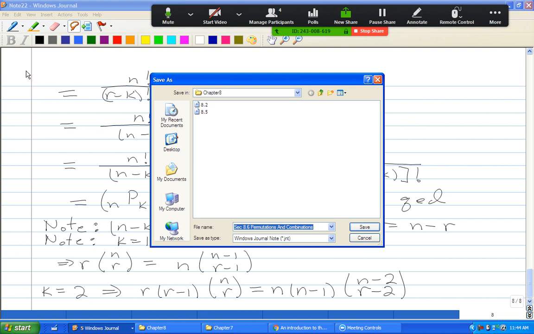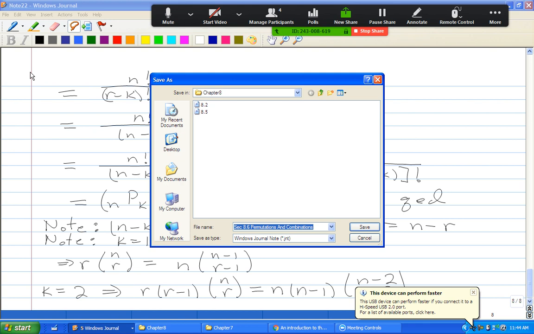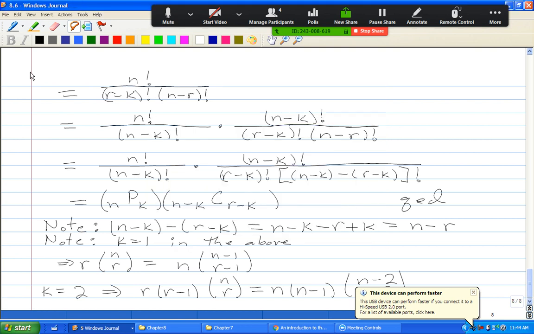So this is 8.6. Okay. Okay. 0.6. I guess 8.1 then.